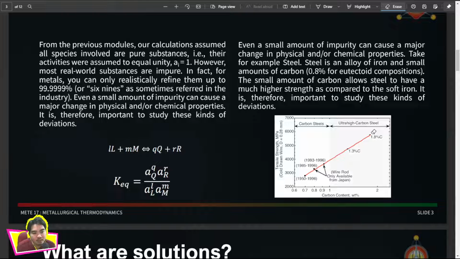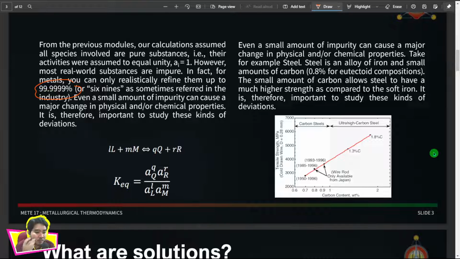So for example, in the industry, you can only produce as high as 6 nines only. Meron ng newer technologies that can go higher than 6 nines, pero in industry ito yung standard na purity na hinahabol natin. So 6 nines, it could be, for example, gold. If you want to refine gold, you want to refine steel, usually 6 nines yung industry standard natin.